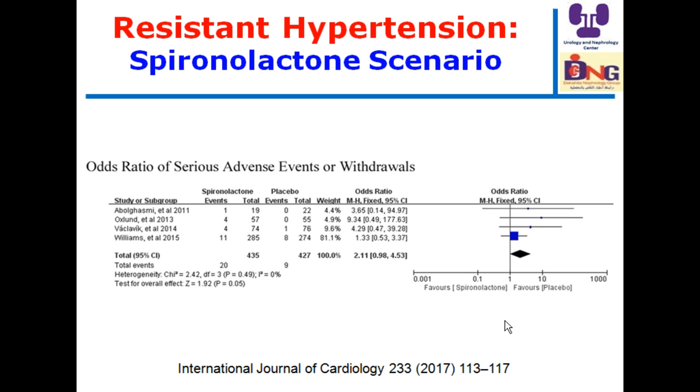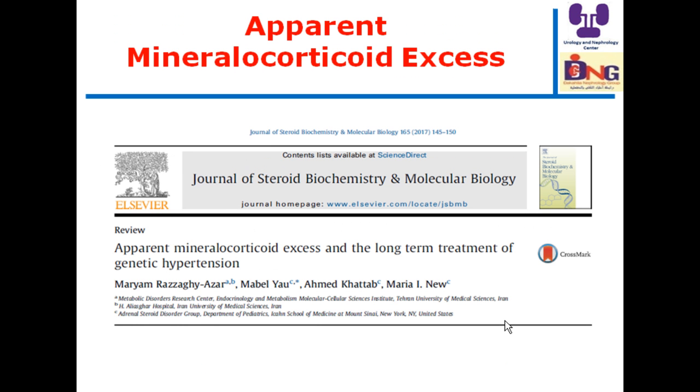Apparent mineralocorticoid excess, another point to be known in this syndrome. This is a genetic disorder causing severe hypertension, hypokalemia, and hyporeninemic hypoaldosteronism. Hypoaldosteronism with hypokalemia and hypertension, this is to say apparent. It's not mineralocorticoid excess, it's apparent. And the main defect is deficiency of 11 beta hydroxysteroid dehydrogenase enzyme type 2.